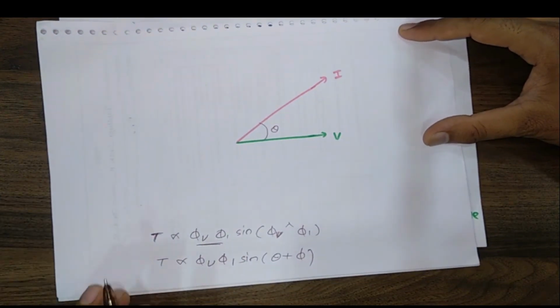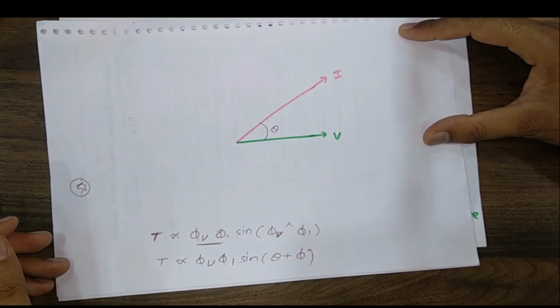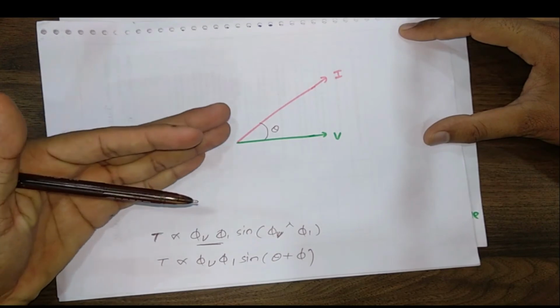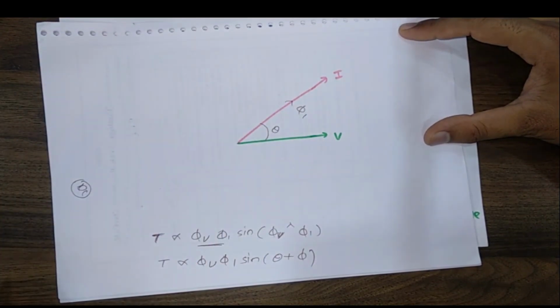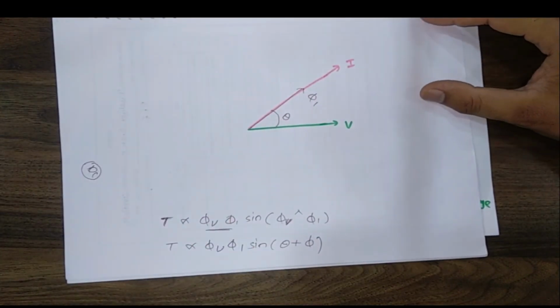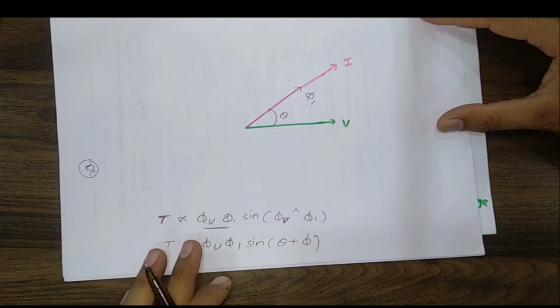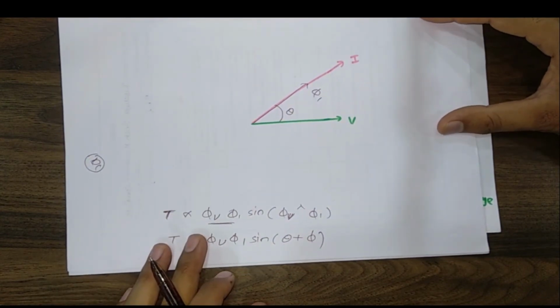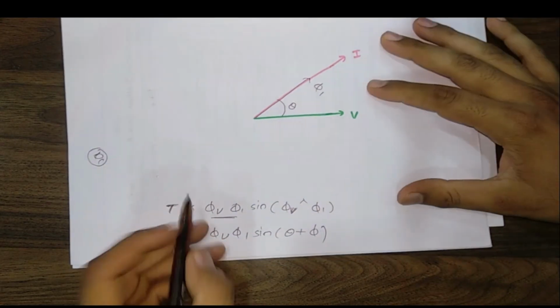Now the flux phi 1 is produced in the same phase with the current I, so I can write phi 1 here.